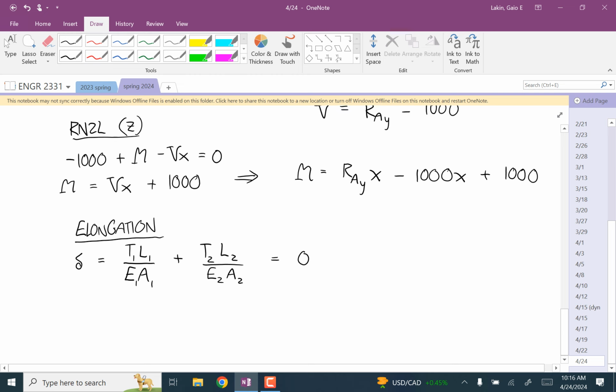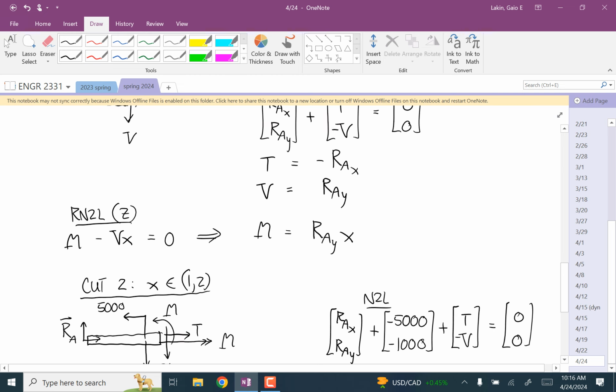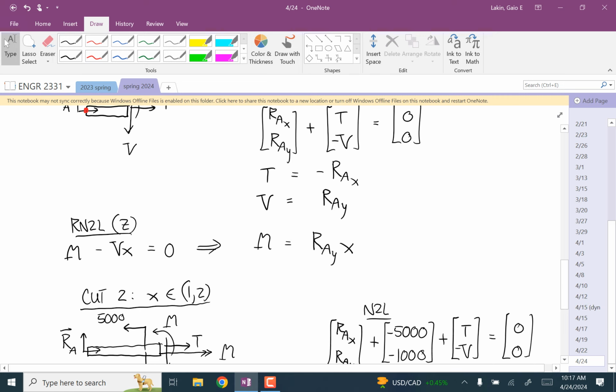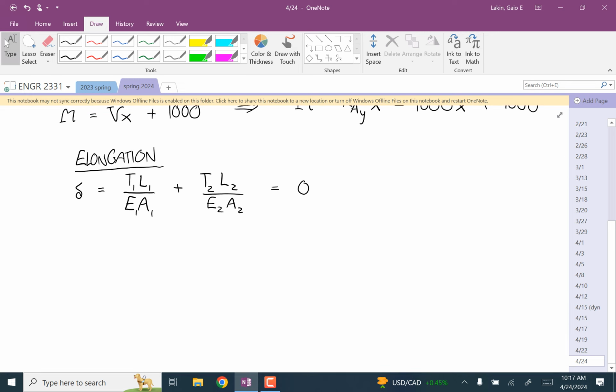Okay, so on the first piece, it's 1 meter long, and we have our internal tension is negative RAX.